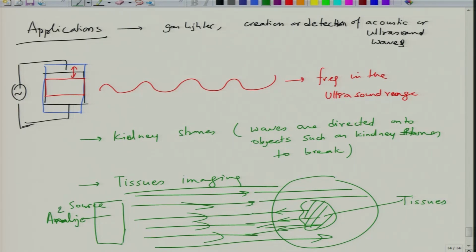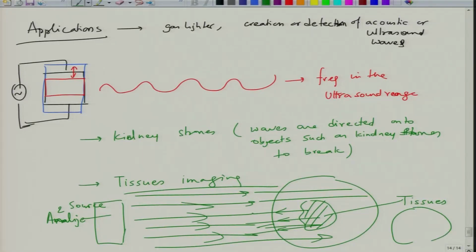So, by looking at the reversal of some of these waves, you can construct an image. You can see which of the waves, from which regions the waves have not come back, and from which other regions the waves have come back, and accordingly you can construct an image. Let us say this is the image you will construct. So, from this region waves did come back partially or completely, and from this region waves did not come back, right.